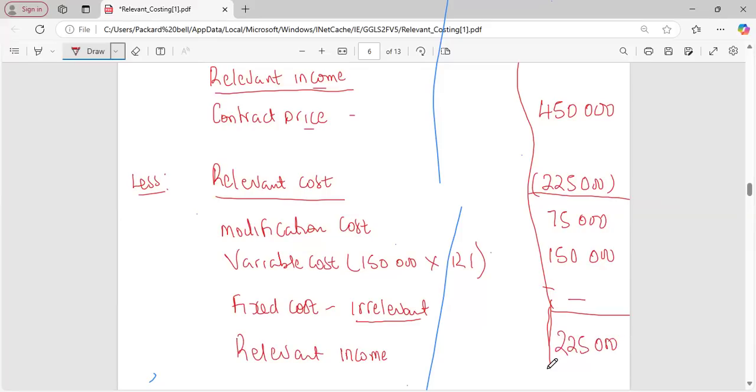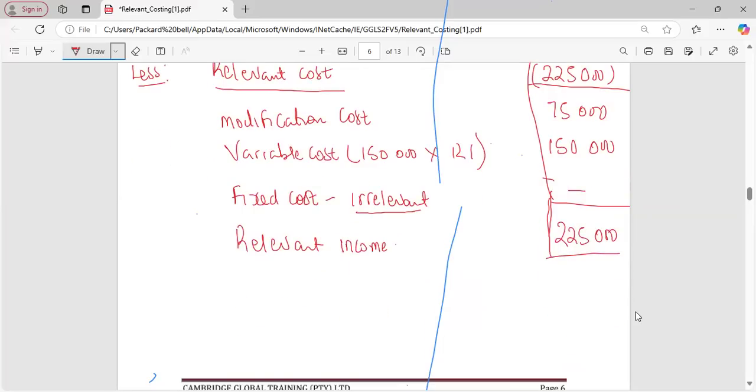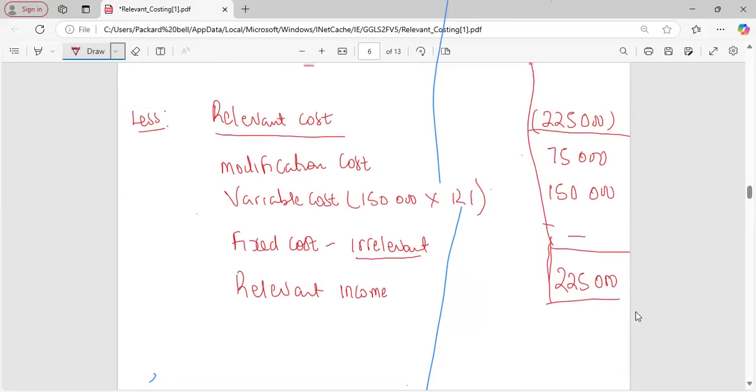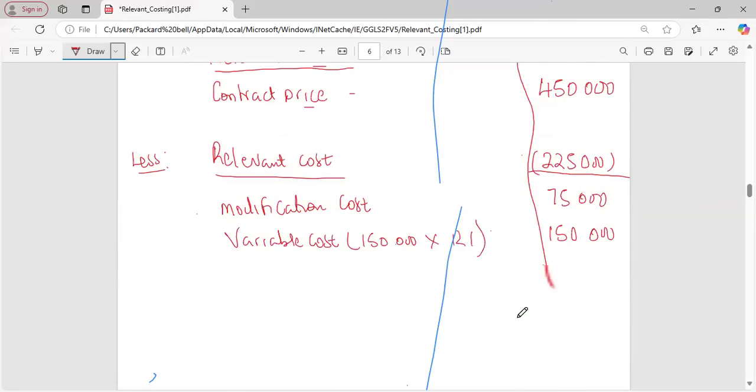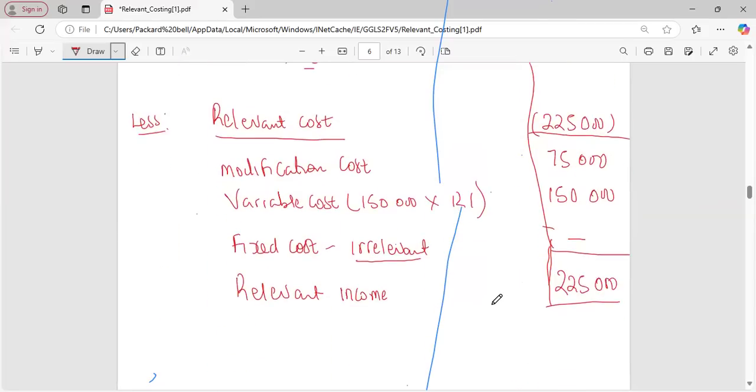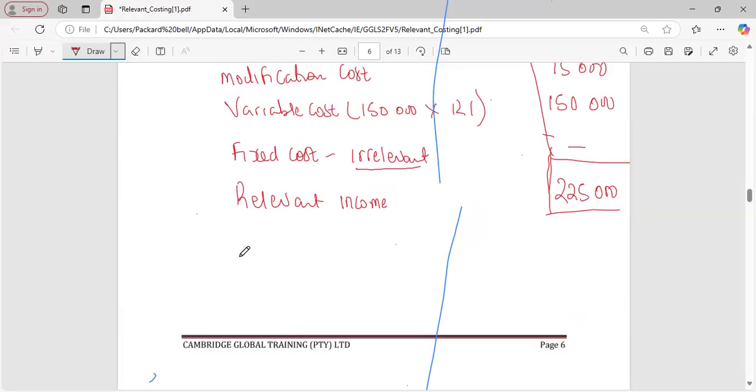So what are we going to say? Remember the question says assess. The question here says assess whether the toy manufacturer order ought to be accepted. So this is, yes, there is going to be a profit, so we are going to accept the project.